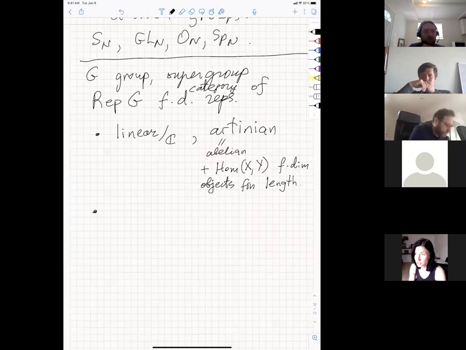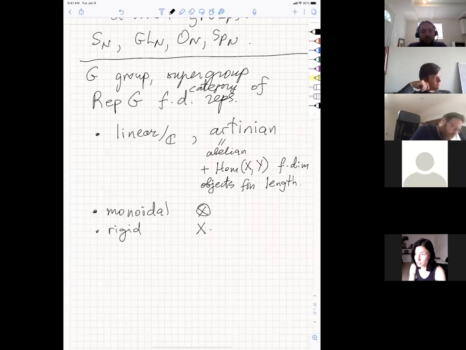And then it also has monoidal structure, which means that you have tensor product of representations and you have associativity isomorphisms. Then it's also rigid, which means that you have the duality. And it's also symmetric, which means that you have a symmetric braiding.